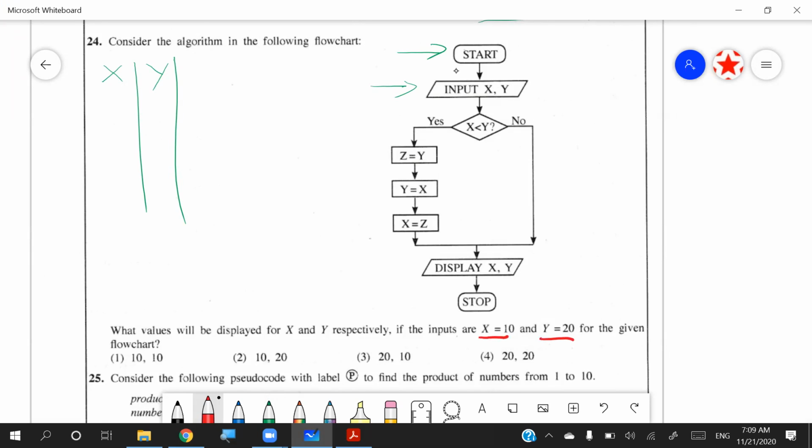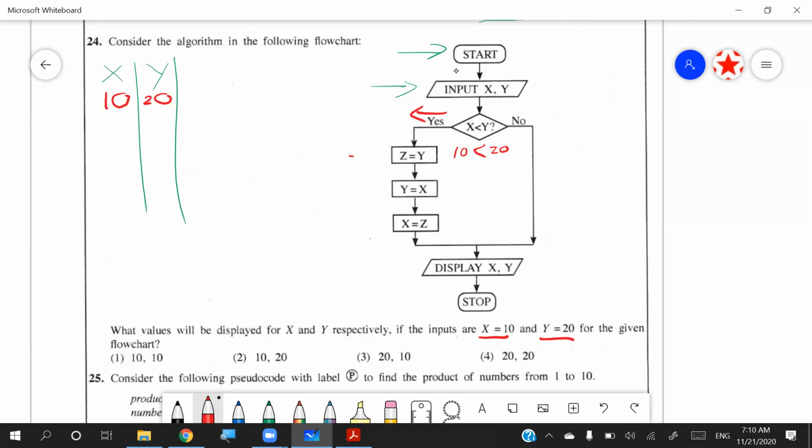So I'm going to take 10 to X and 20 to Y. And it is asking a question, X larger than Y, right? So X is 10, Y is 20. So 10 is less than 20, which is false for the condition, that means we are going to go on the yes path, right?